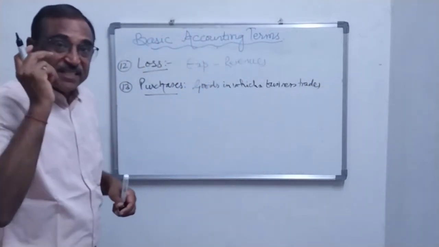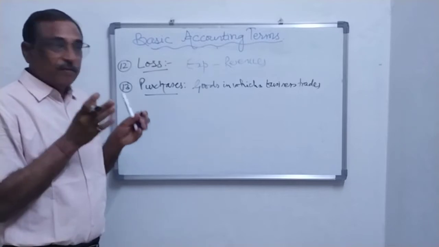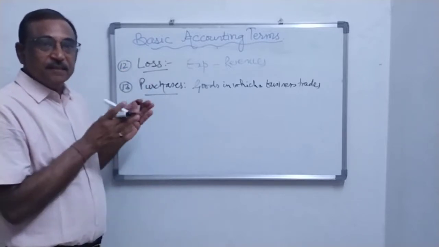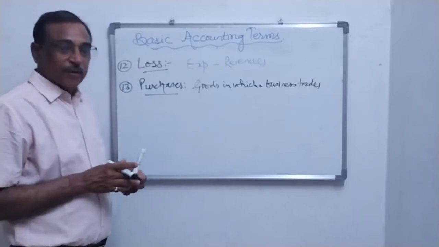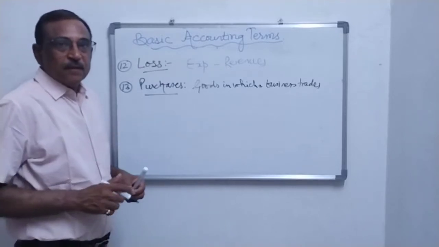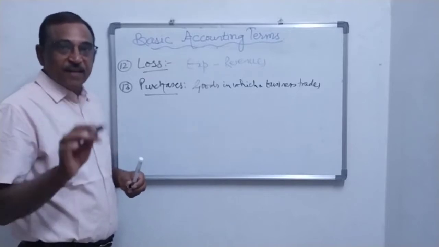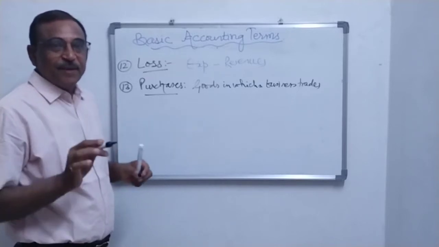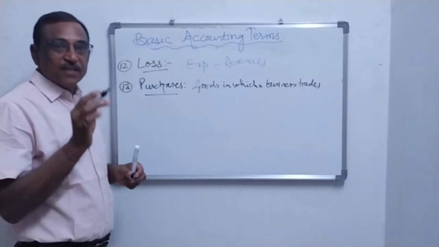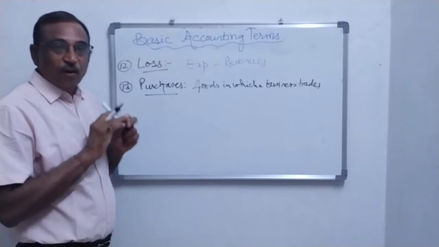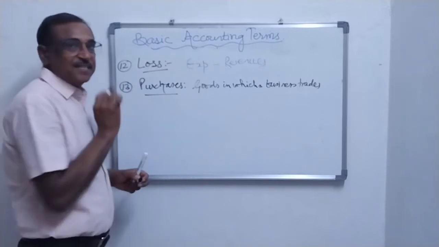And in case of manufacturing, all your raw materials that you purchase will be termed as purchases. Okay? Purchases include both cash purchases as well as credit purchases. That means whether goods are purchased by paying cash or on credit, all these goods will be termed as purchases.